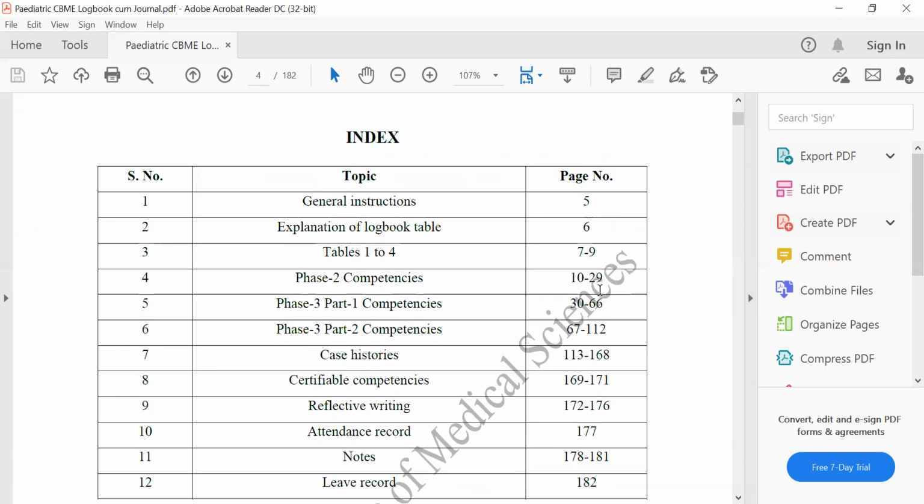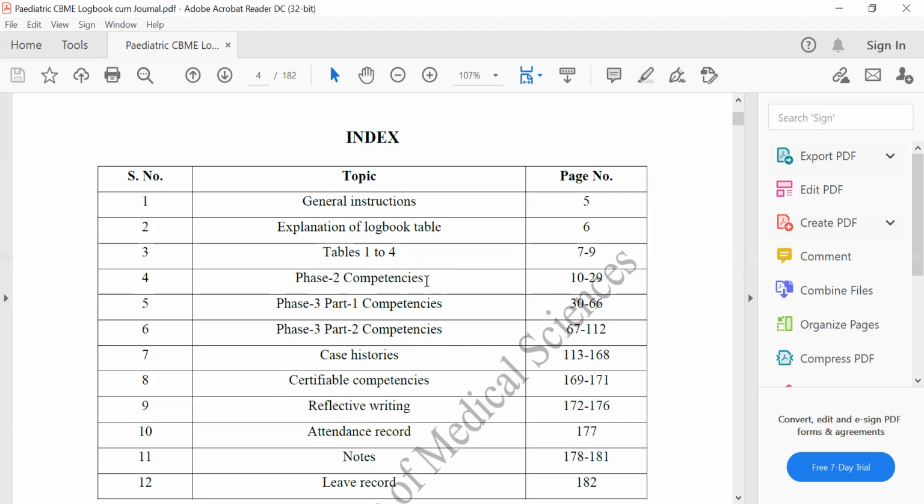And on the next page, I have mentioned the index. It has the general instructions, explanation of the logbook table, and then tables 1 to 4 on the next pages. Then come the competencies according to phase 2, phase 3 part 1 and phase 3 part 2, because we know the clinical posting in phase 2 will be of 30 hours, and in phase 3 part 1 and part 2 it will be of 72 hours.